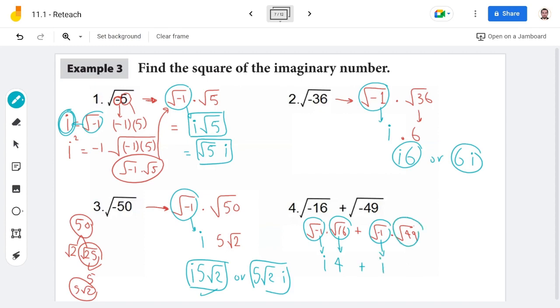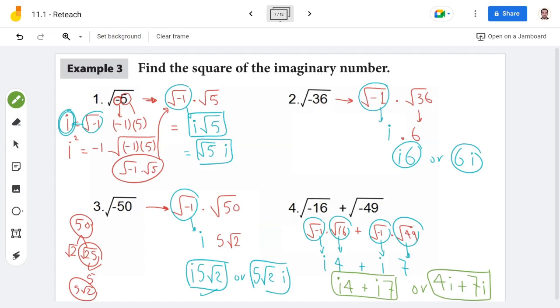This part, what's the square root of 49? It is 7. Now, the final answer will be 4i plus 7i. Okay? So you can write it like this, or you can write the i after the number, 4i plus 7i. So this one is similar to this one.